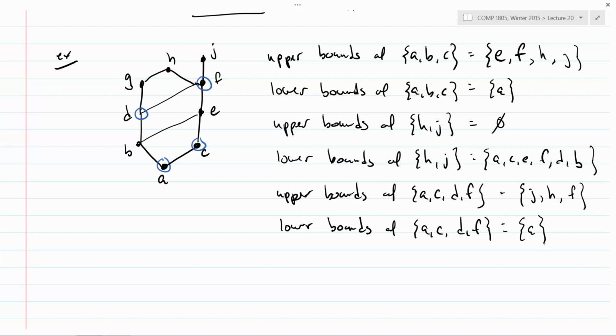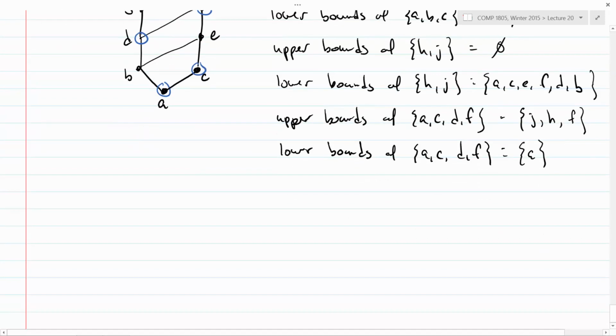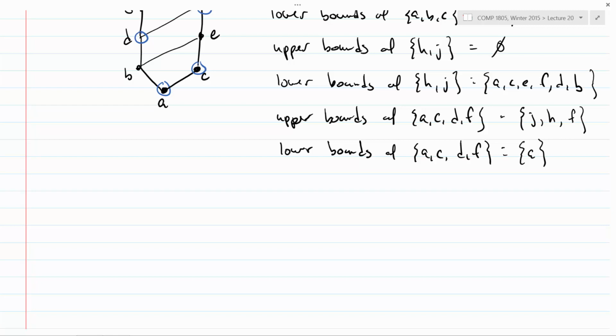All right, so there's one more piece of notation we need, and that's this last property. There's also the idea of being a least upper bound and a greatest lower bound, and it's exactly what you would think.